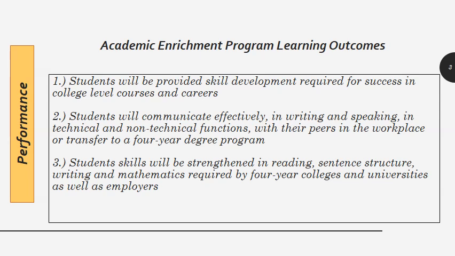Students will communicate effectively in writing and speaking in technical and non-technical functions with their peers in the workplace or transfer to a 4-year degree program. Student skills will be strengthened in reading, sentence structure, writing, and mathematics required by 4-year colleges and universities, as well as employers.